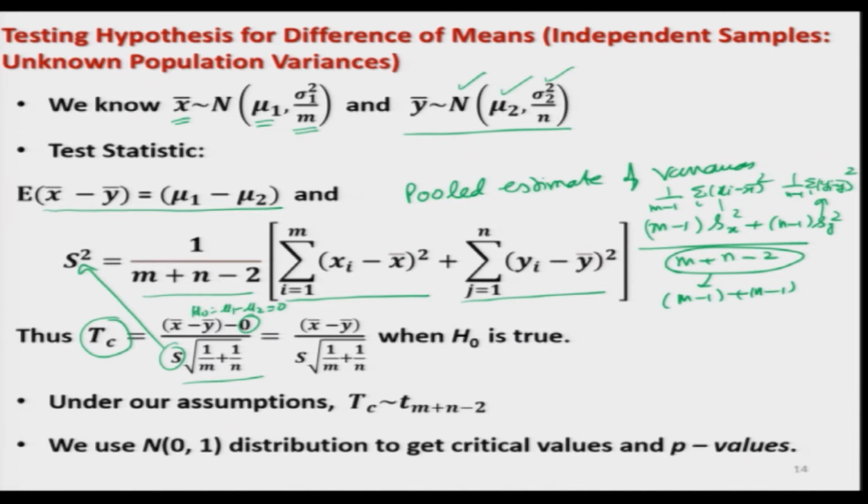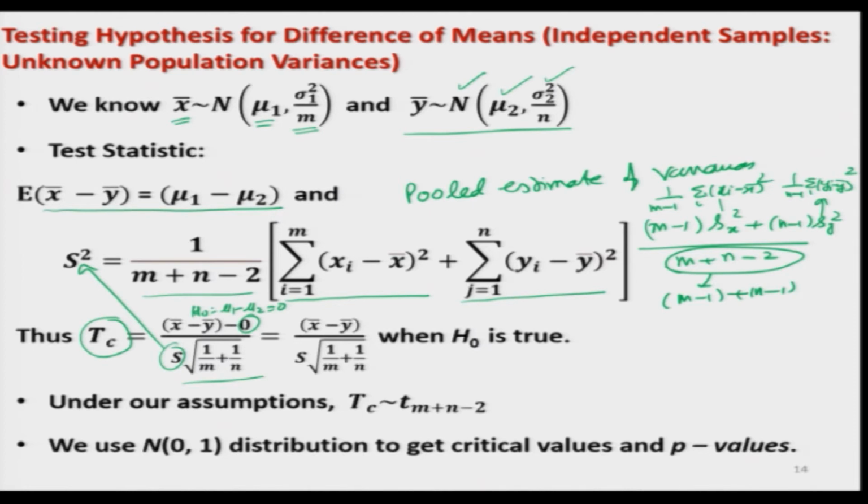This is actually m minus 1 times sx square plus n minus 1 times sy square, divided by m plus n minus 2, and this m plus n minus 2 is obtained as m minus 1 plus n minus 1. Here sx square and sy square are 1 upon m minus 1 summation of xi minus x bar whole square, and sy square is 1 over n minus 1 summation of yi minus y bar whole square.